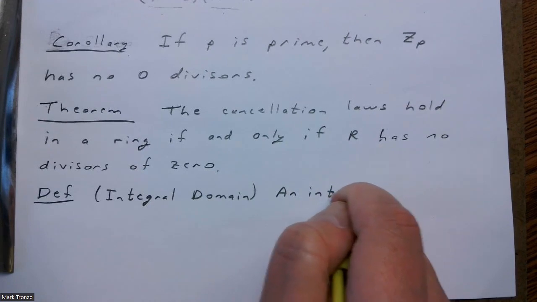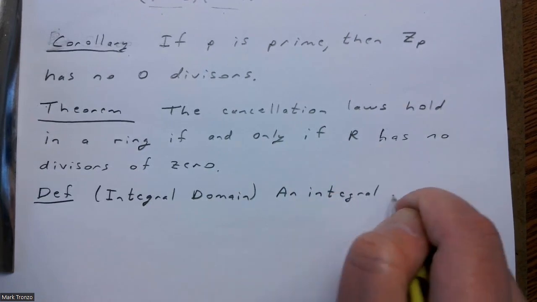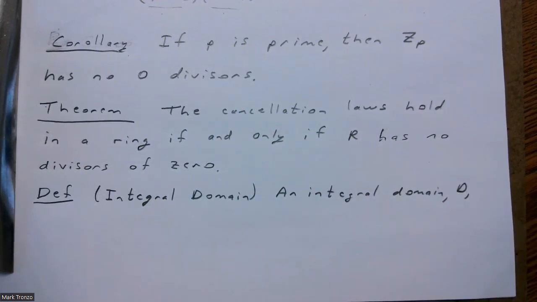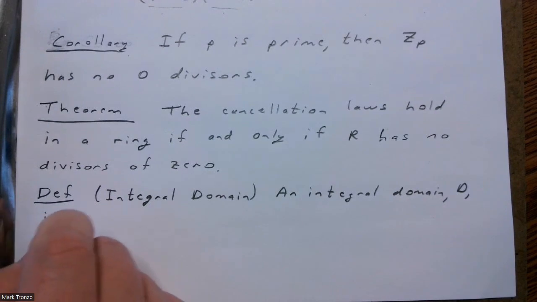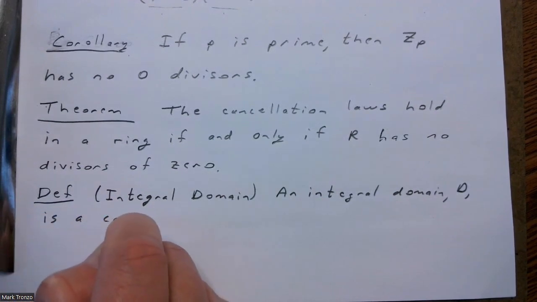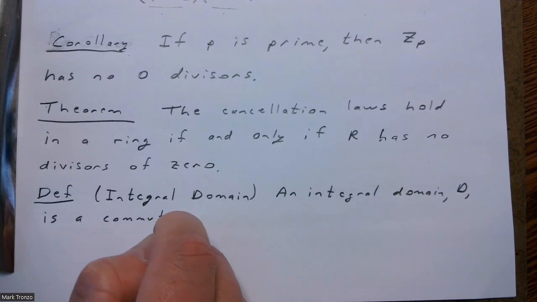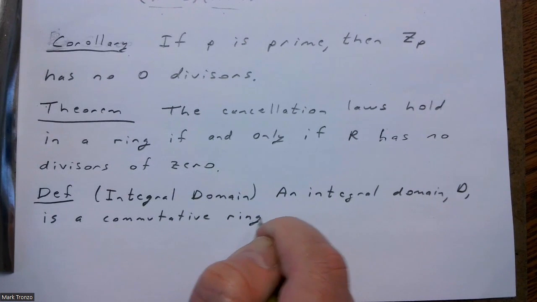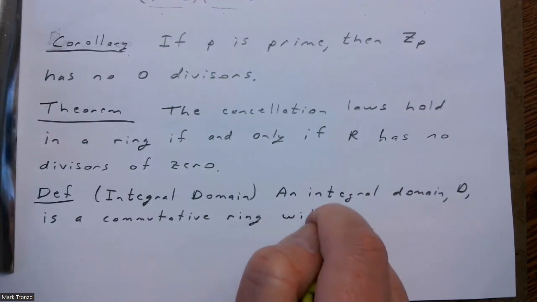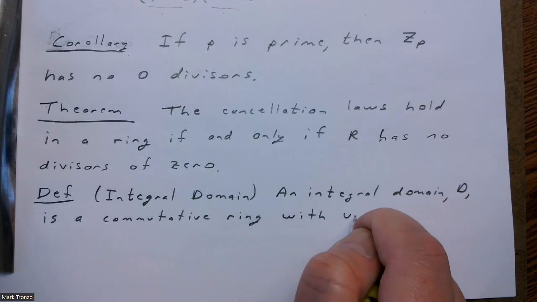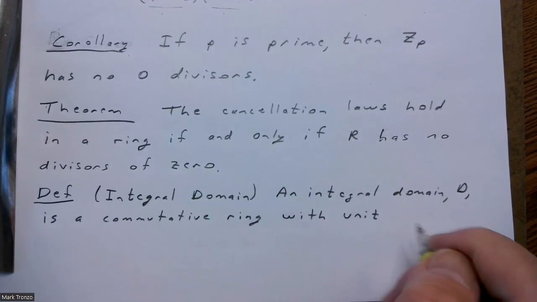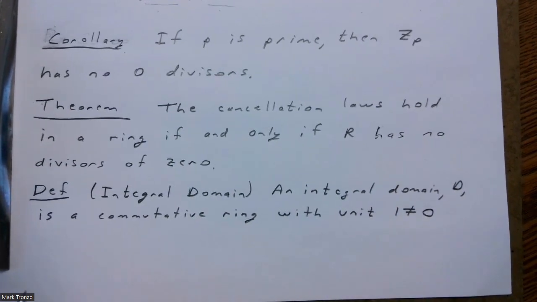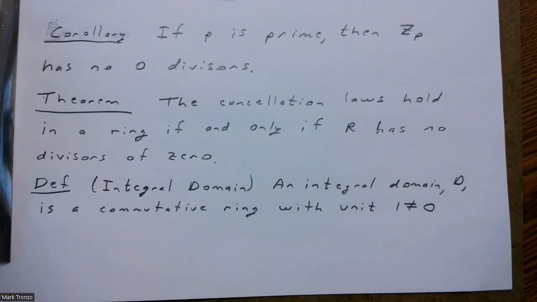An integral domain D is a commutative ring with a unit and containing no divisors of 0.